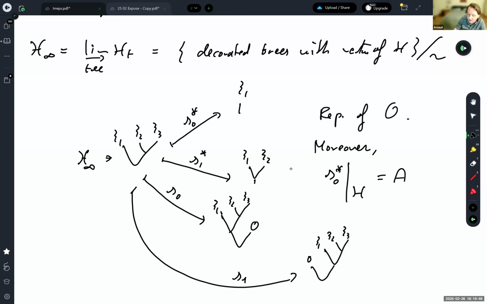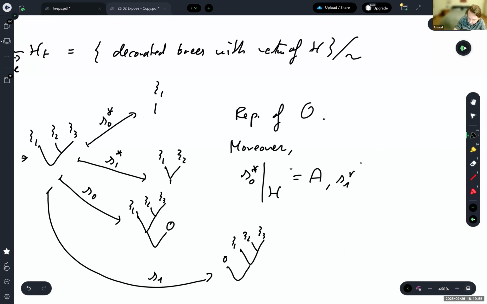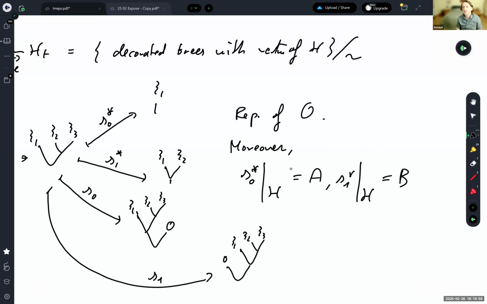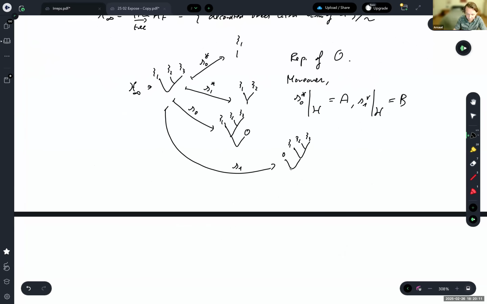This is your operator A you started with. As S1 star on the little h is B. Okay, so this representation really strongly encodes the representation you started with. Okay. And once again, you get the functor.